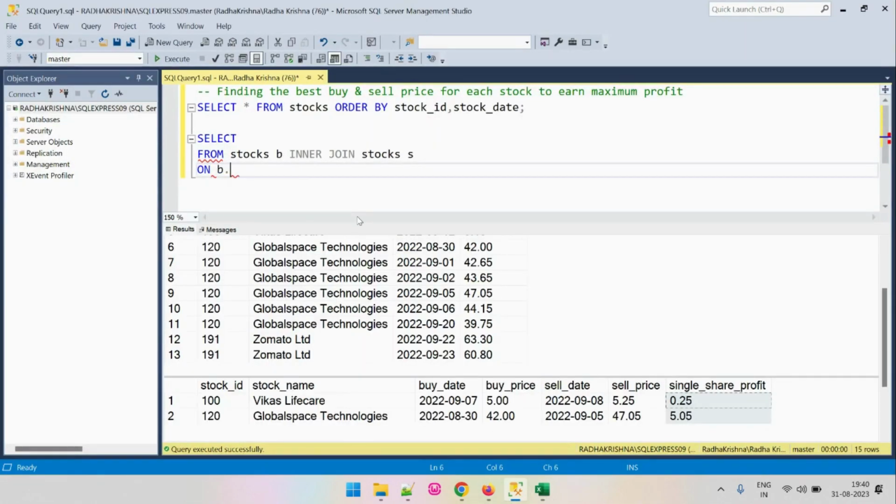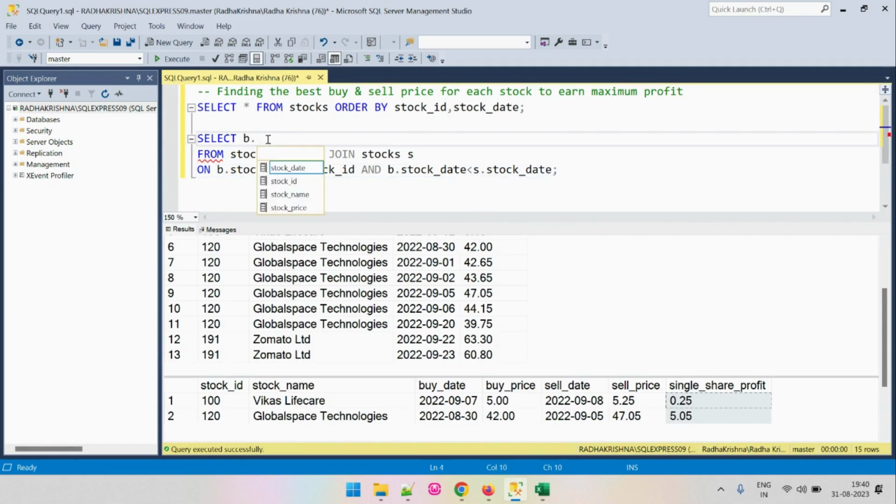It will be the stock ID of the buy table equal to the stock ID of the sell table. Secondly, we will add the condition that the stock date of the buy table should be less than the stock date of the sell table. These two will be our criteria.